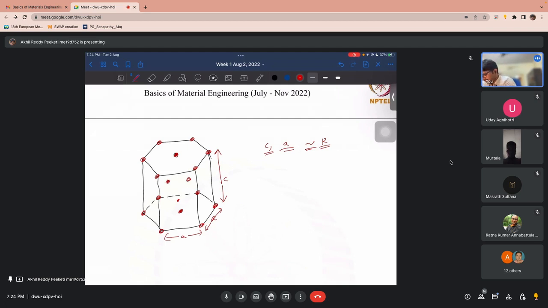So I will explain this. In HCP, these three are the inside atoms, and these are the face centers.